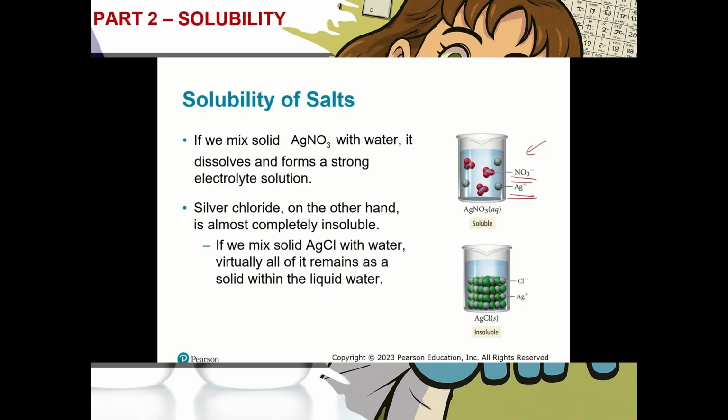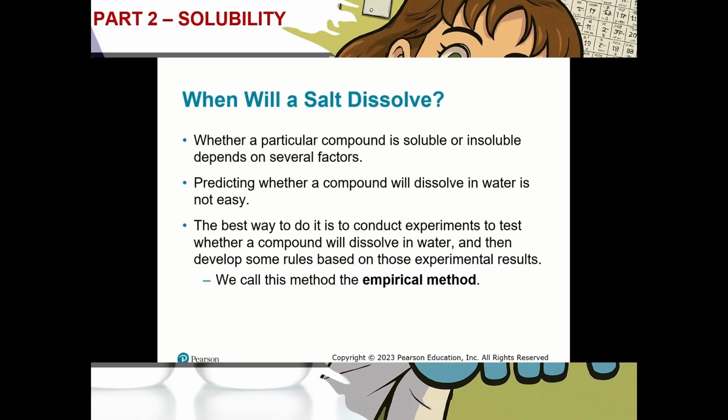Silver chloride, on the other hand, is almost completely not soluble. If you mix solid silver chloride with water, virtually all of it remains as solid within the liquid water, as you see over here. Whether a particular compound is soluble or not depends on several factors. Predicting whether a compound will dissolve in water is not easy.